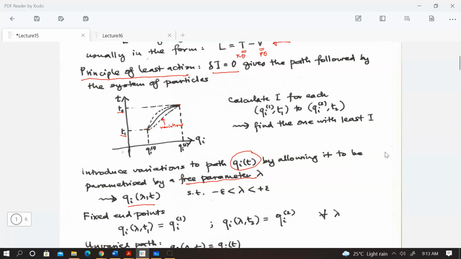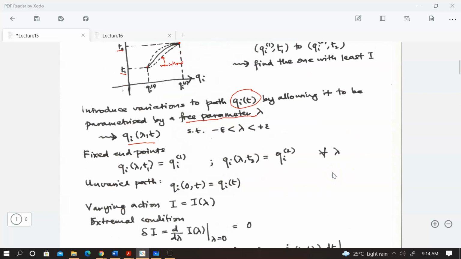Your parameter can go over some interval given by minus epsilon to plus epsilon. And as I said, we need to fix the endpoints. So at the endpoints, where you take t equals t1 and t equals t2, it always gives you the same point.